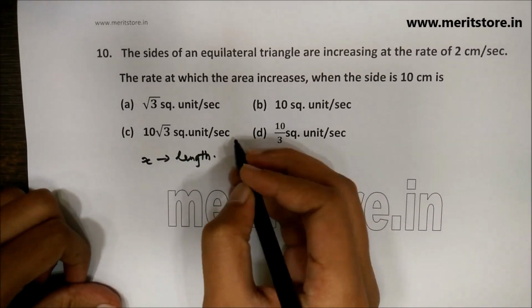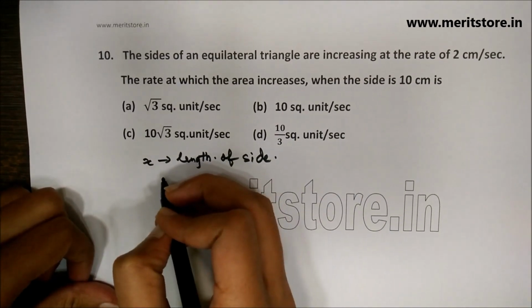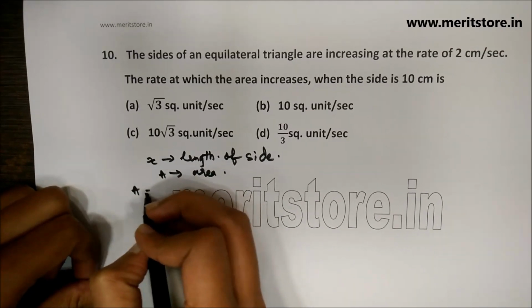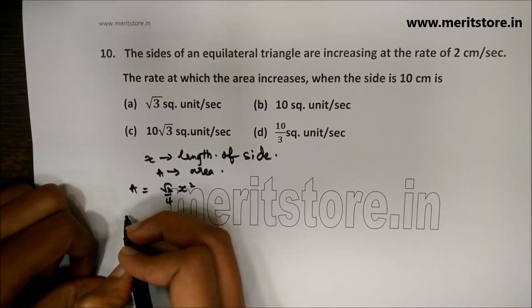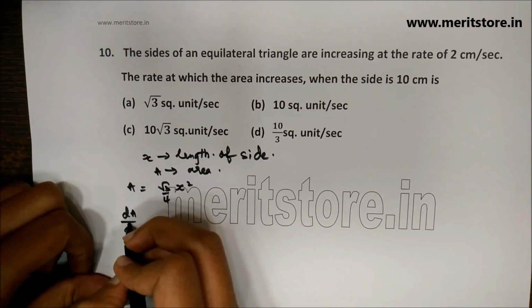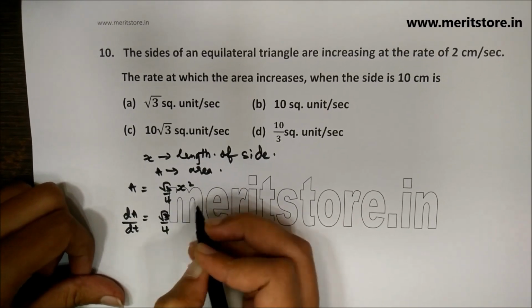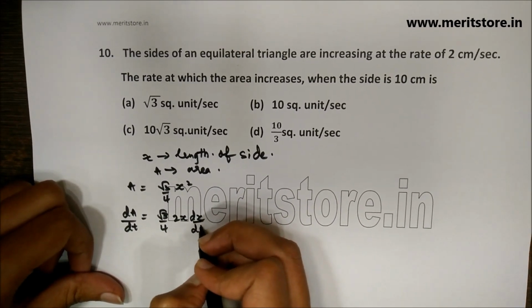Let x be the length of side of equilateral triangle and A be the area. Area of equilateral triangle is root 3 upon 4 x square. Differentiating this with respect to t, we get root 3 upon 4 into 2x dx by dt.